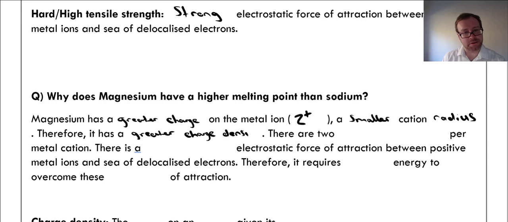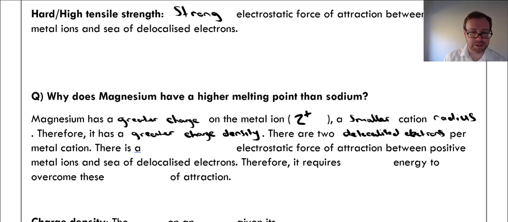I'll explain this phrase in a minute. There are two delocalized electrons, so that should be electrons per metal cation.